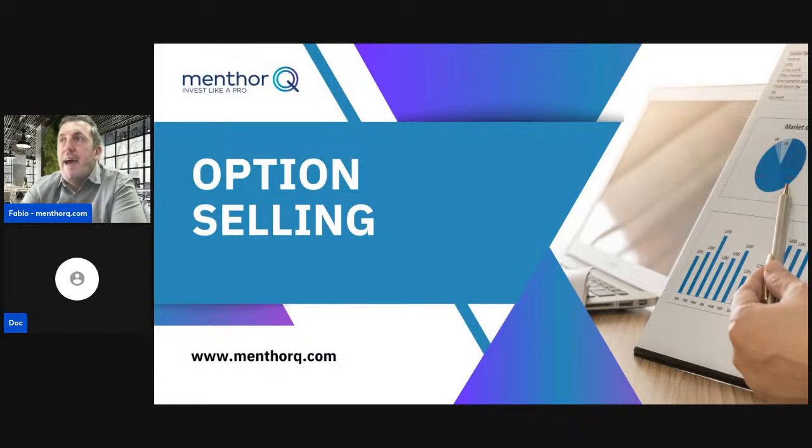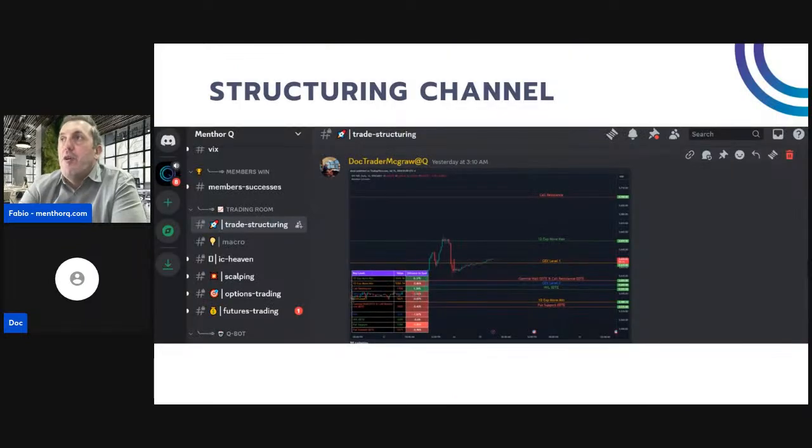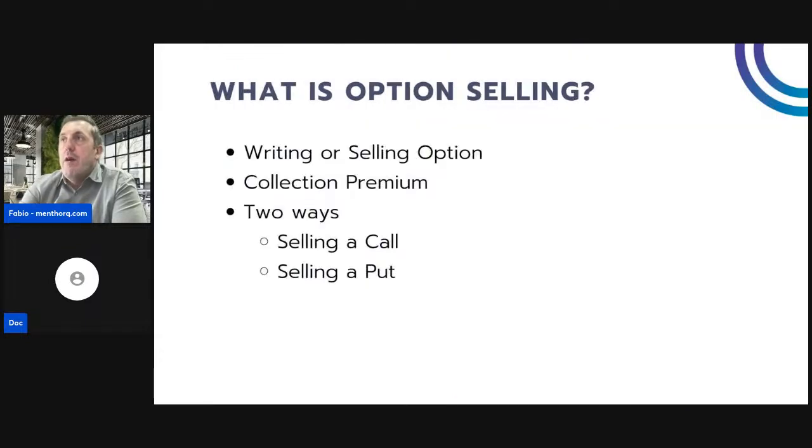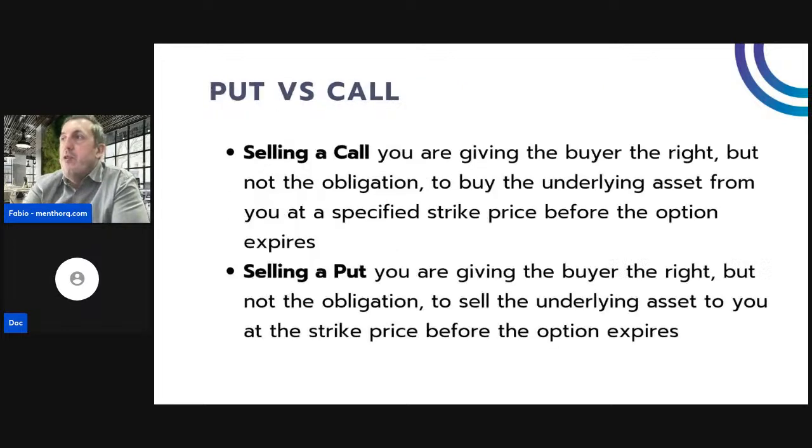But before we go into that, let's discuss what option selling means. Why is option selling very important? When we sell an option, we collect a premium. There are two ways of selling options: you can sell a call, you can sell a put, or you can do more complex strategies where you sell a spread, and that is what Doc is going to talk about today.